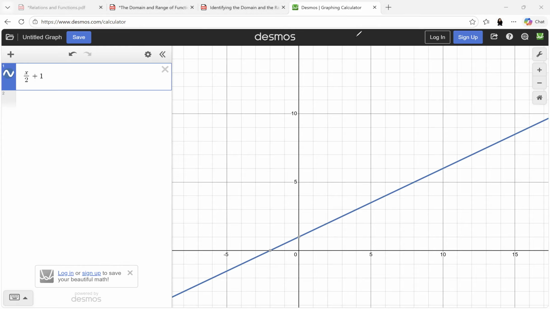So this is a function, f of x is equal to x over 2 plus 1, or I could say a half x plus 1, right, Nia? Yes, Miss. Based on the graph, what would be f of 8? What is f of 8 from the graph?